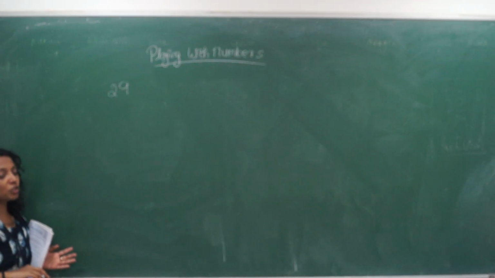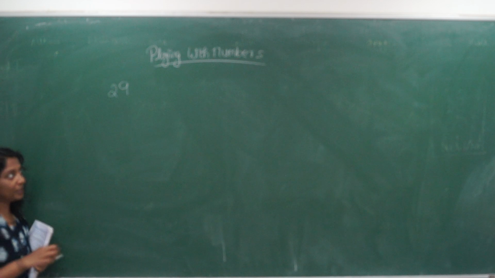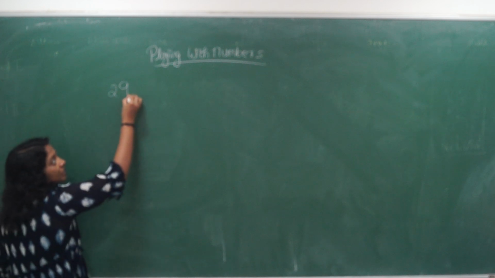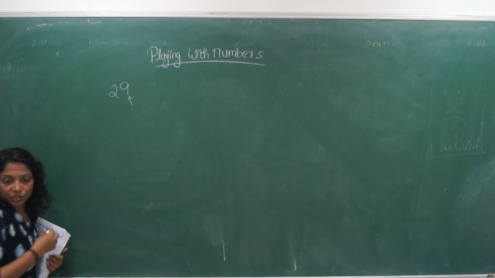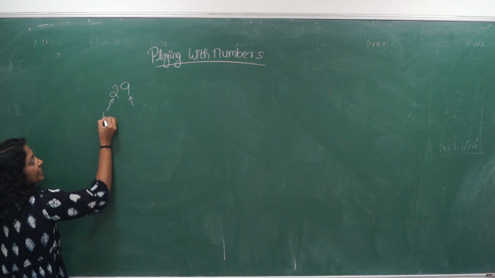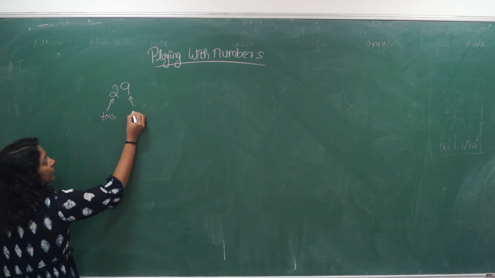If I want to write it in terms of its place value, this place is called what place? Ones place or units place, right? And this place is called tens place.